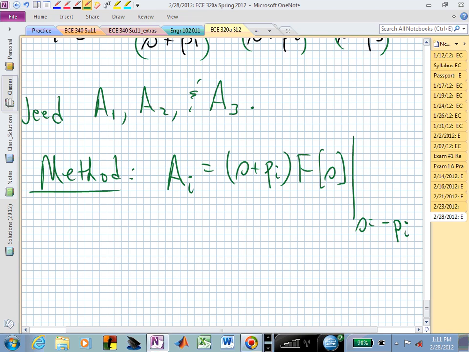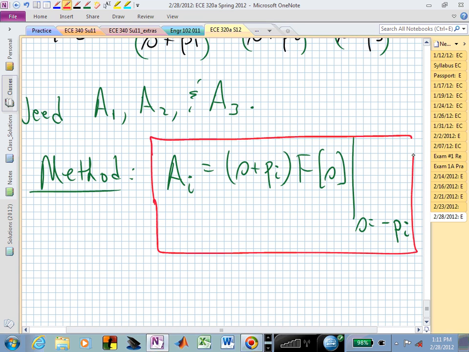That's the method that we can use when we have simple or distinct terms in our partial fraction expansion.